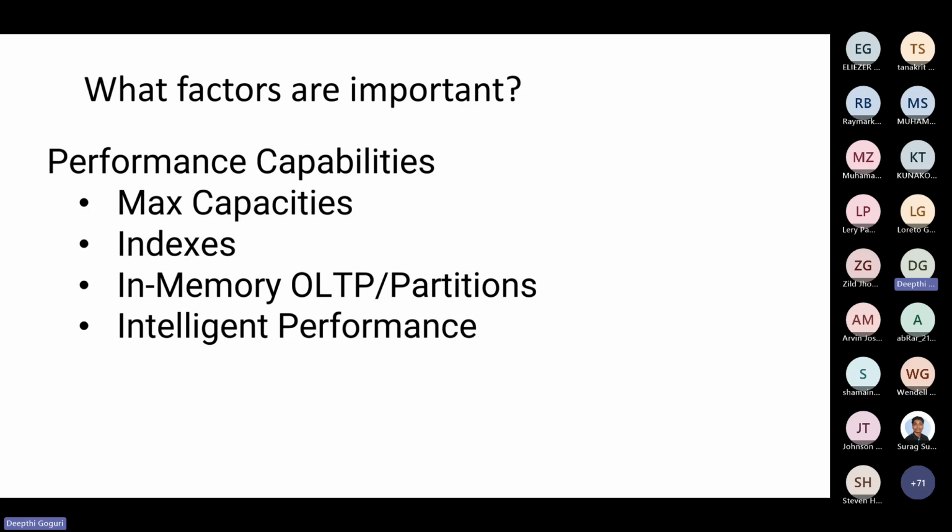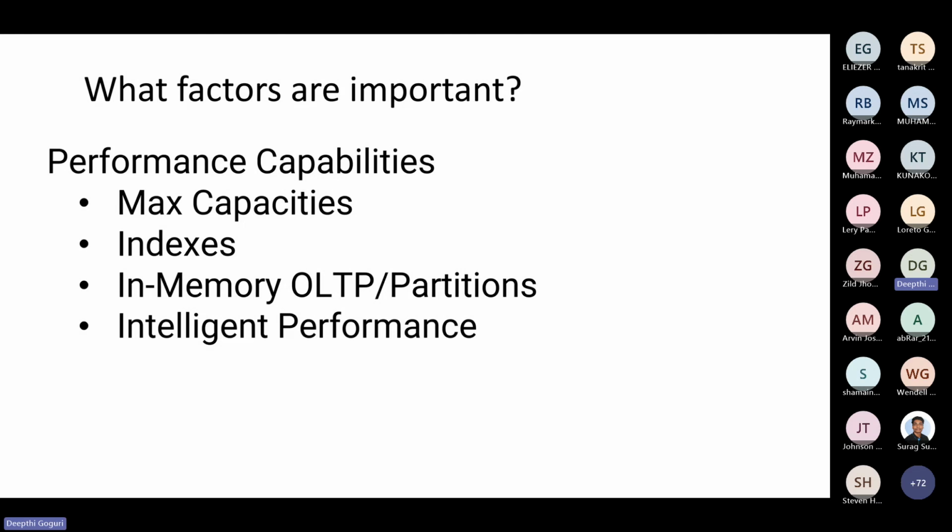So, what are the basic main factors? Like we talked, those are the maximum capacities, which include the CPU, memory, IO. When we talk about the queries themselves, indexes are very helpful. No matter if your database is on-prem or in Azure, we have tables, and tables have indexes to run the queries faster, and indexes are used just to get the results.